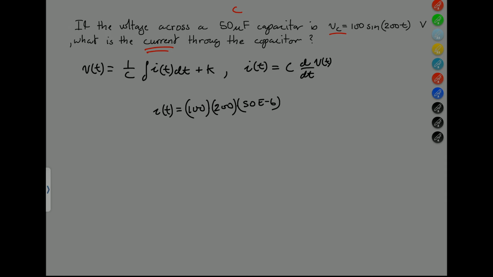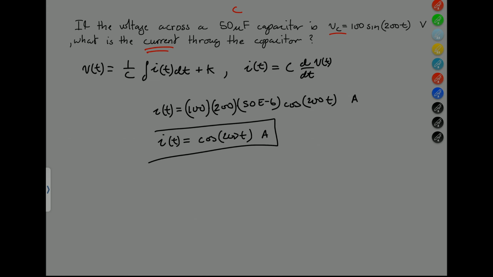When we differentiate a sine function, we get a cosine function. Nothing inside the cosine changes. And after we multiply everything out, we get cosine 200t for our current through our capacitor.